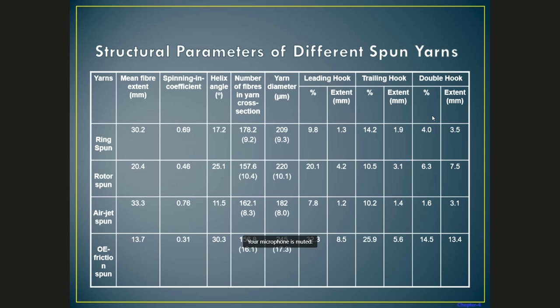The moment the fiber is inclined at a certain angle, the cos theta effect will be there, so the contribution of strength will reduce. So as your helix angle gets higher, the contribution of fiber strength to yarn is going to be lesser. So what do you want? In a yarn, the helix angle should be as minimum as possible.